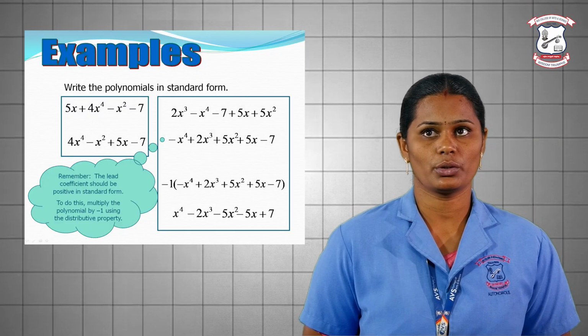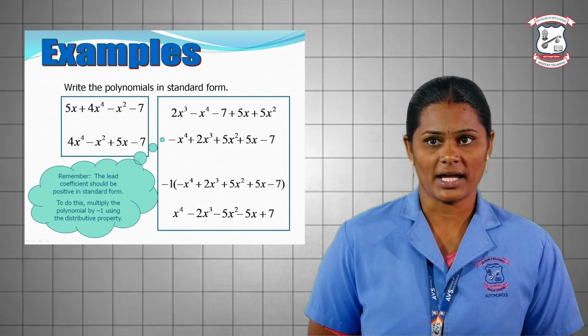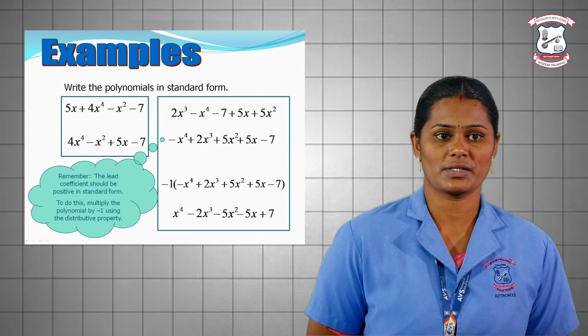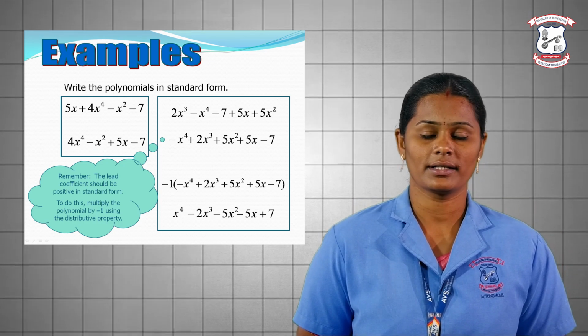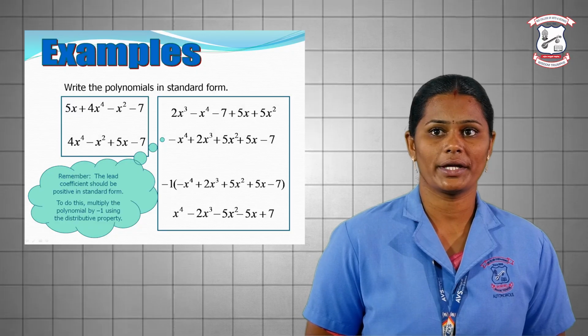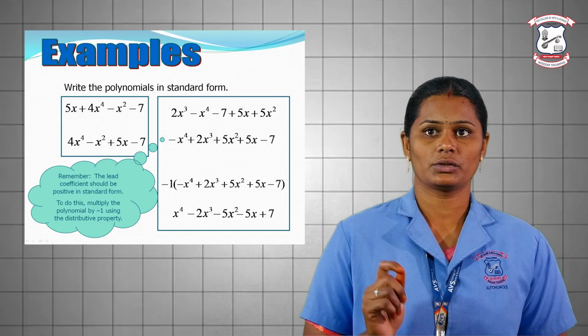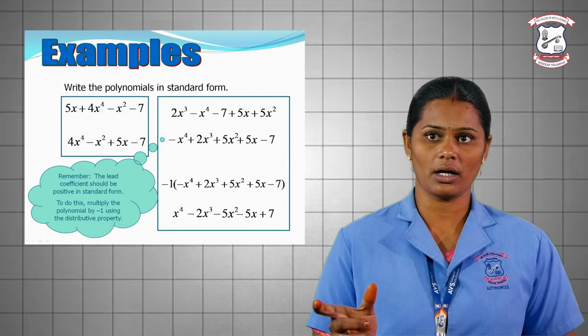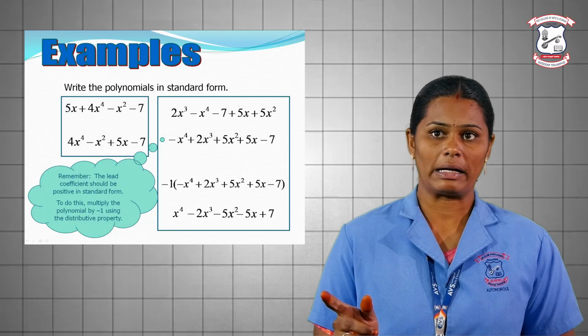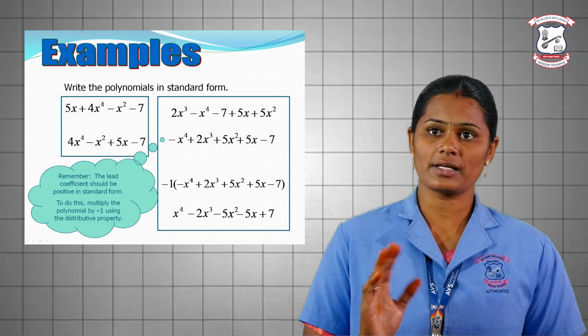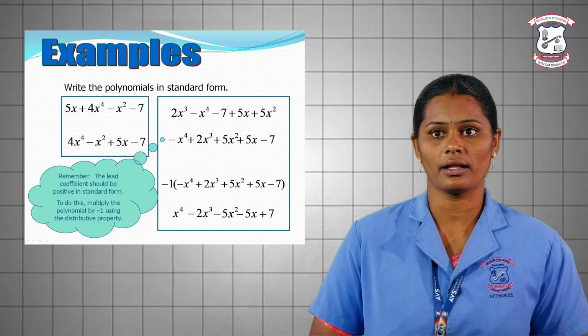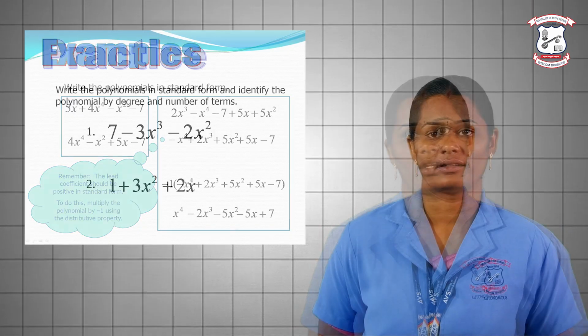I already told you, in standard form the leading coefficient must be positive, but here it is negative. So we are going to multiply the whole expression by minus 1, and the first term will change to a positive integer.